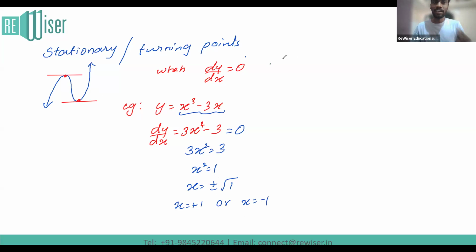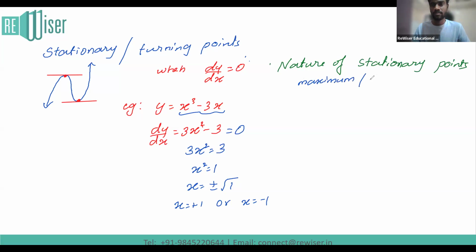Next, the last concept in differentiation we have is the nature of stationary points. It means we need to figure out what the stationary points are and whether each stationary point is a maximum or a minimum point.